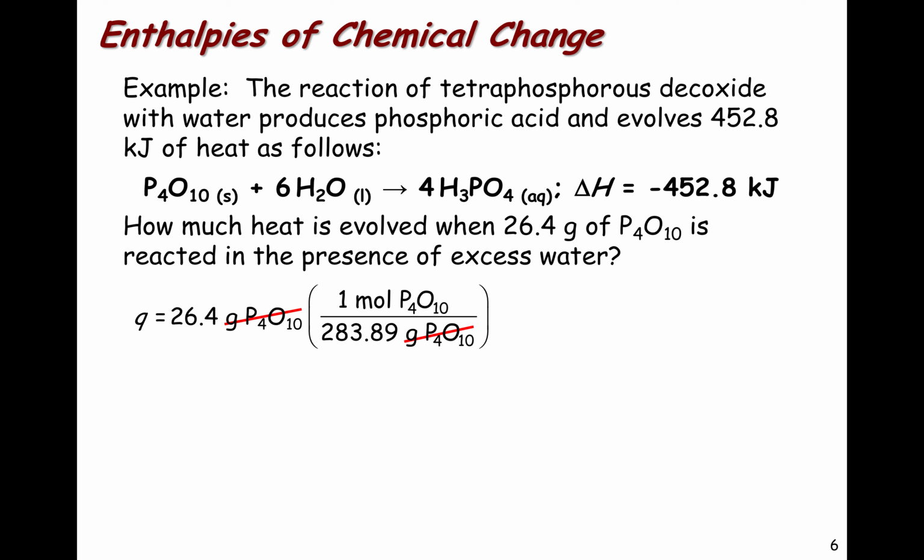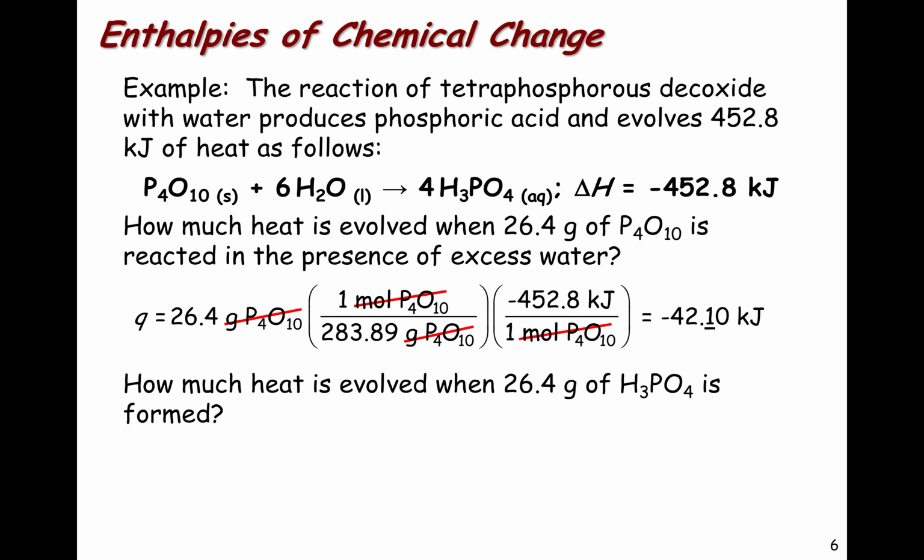And at this point, if we multiply by the 452.8 kilojoules per mole, this would then give us the canceling of the moles. At this stage, then we can do our math, and we see that we end up with a negative 42.10 kilojoules. Should be only 3 significant digits, and so 42.1 kJ.